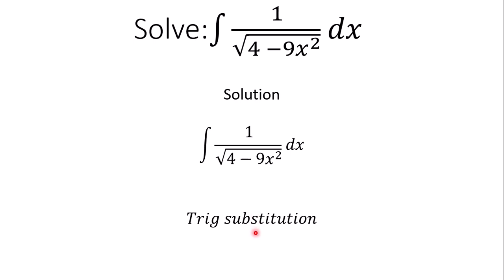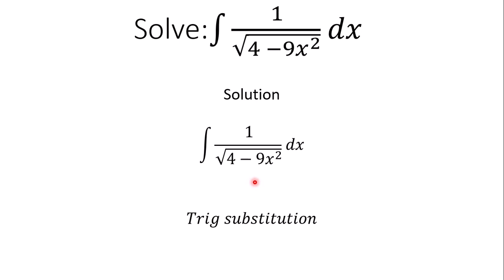But before we draw a right angle triangle, 4 minus 9x squared is what we are going to use in drawing it. The figures that are going to be written on the sides of the triangle are this and then that. But you will not write the whole of this 9x squared there, or the whole of this 4 there. We write these numbers on the sides of the triangle by applying what? Pythagoras theorem.